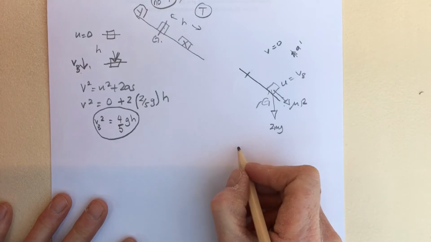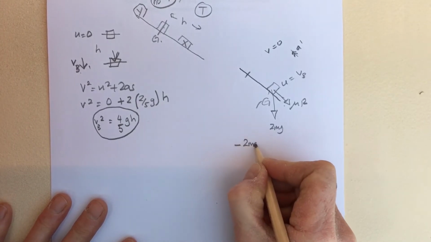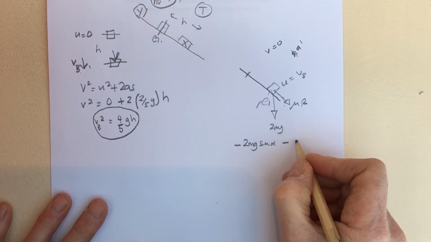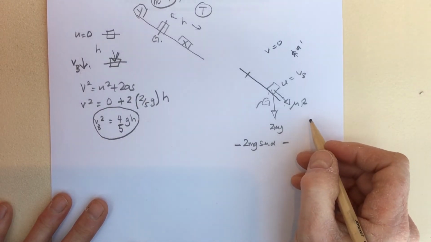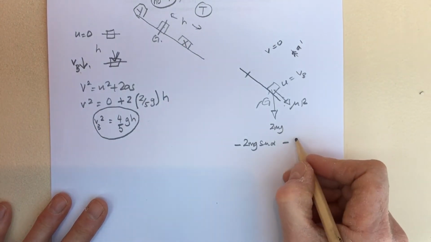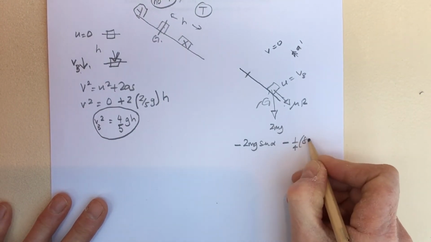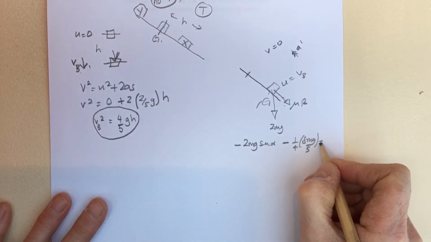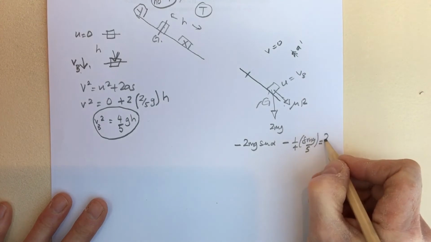So we will say minus 2 mg sine alpha minus mu R, which we found before and was a quarter of 8/5 mg, and that's equal to our 2 ma.